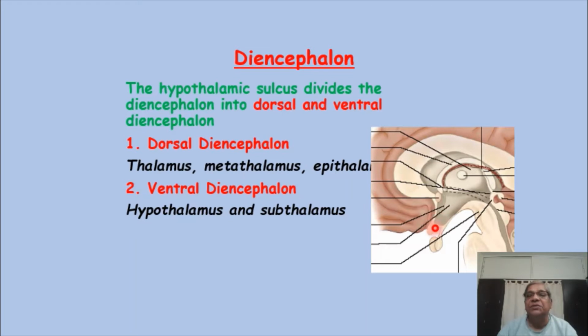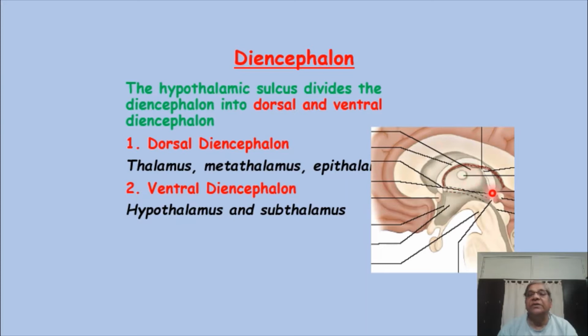This is the optic chiasma, infundibular stalk, posterior pituitary, and anterior pituitary. This is the site of the posterior perforated substance, which we saw in the interpeduncular fossa in the previous diagram. So this hypothalamic sulcus divides the diencephalon into dorsal and ventral diencephalon.